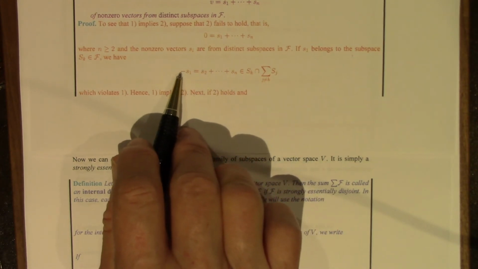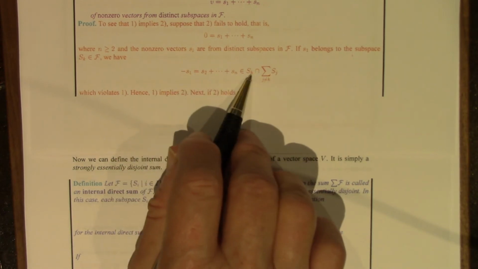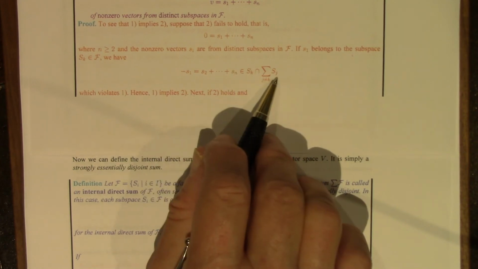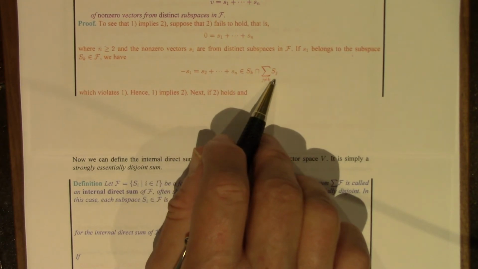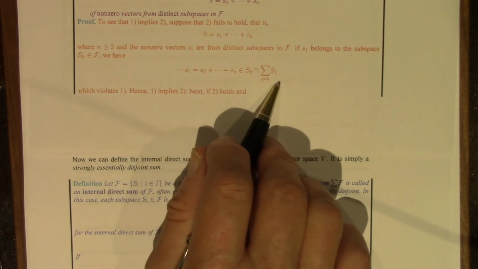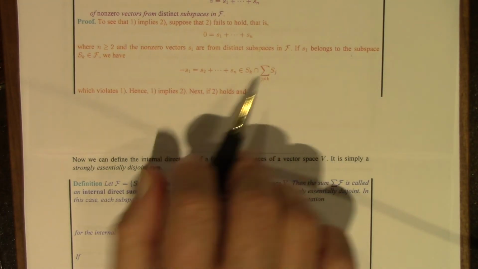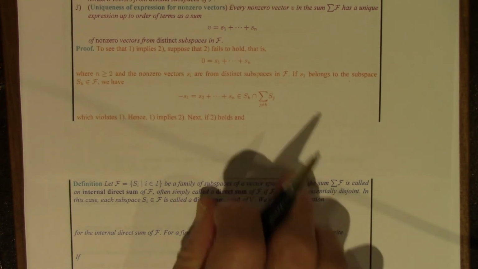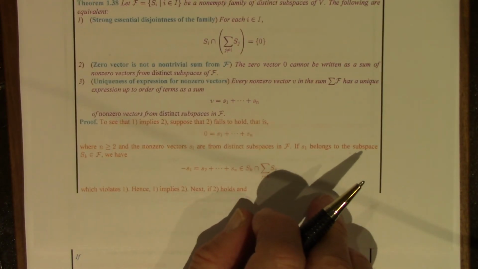But now negative S1 belongs to S sub k, and this sum belongs to the sum of the other subspaces, all the subspaces except for S sub k. And that violates strong essential disjointness. So if 2 fails, 1 fails, therefore 1 implies 2.